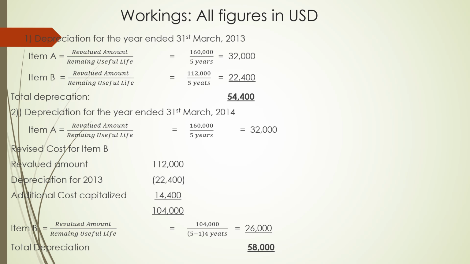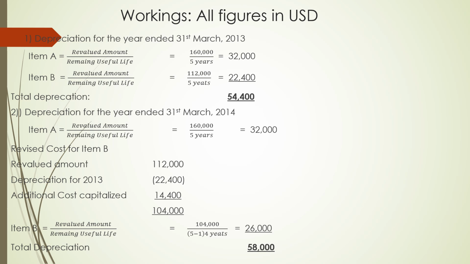14,400. Okay, so we have to value the asset before we incurred that expenditure to know what the revised cost should be, should we embed that figure into the cost of the asset at that point in time. So the revalued amount that we had previously was 112,000, and then depreciation gave us 22,400.